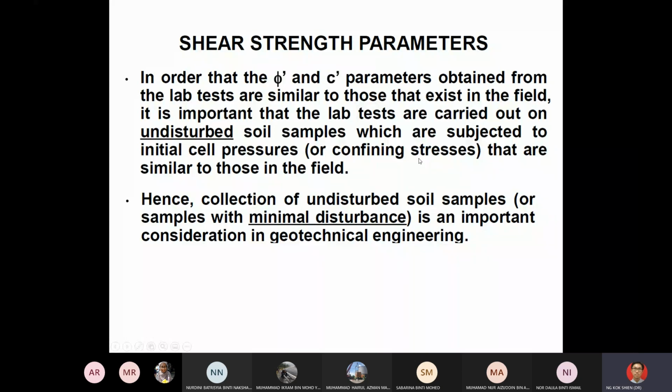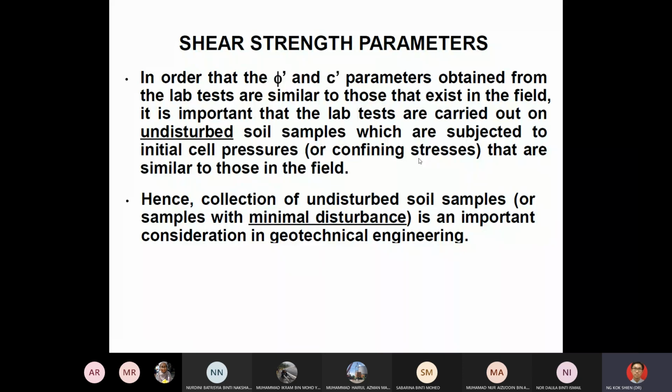You've learned about disturbed and undisturbed samples. To get the shear strength parameters, you need an undisturbed soil sample. We bring this undisturbed sample to the lab, and then we test, let's say using the triaxial shear test.